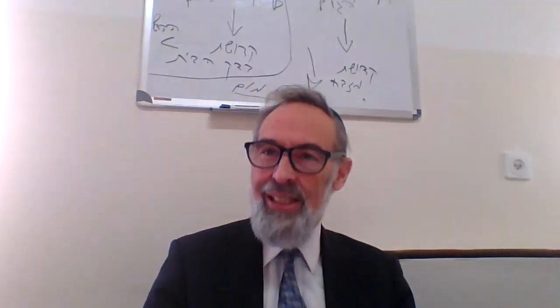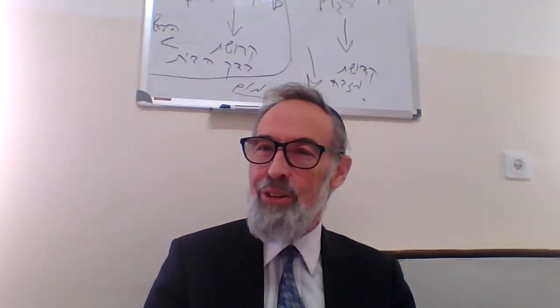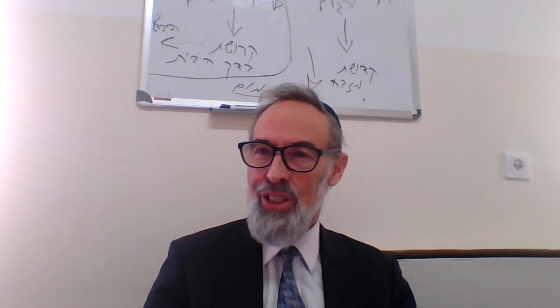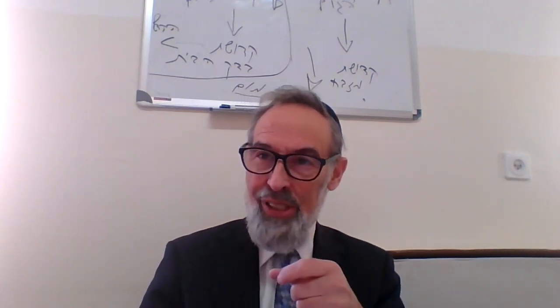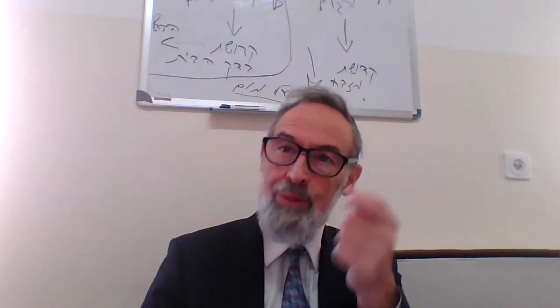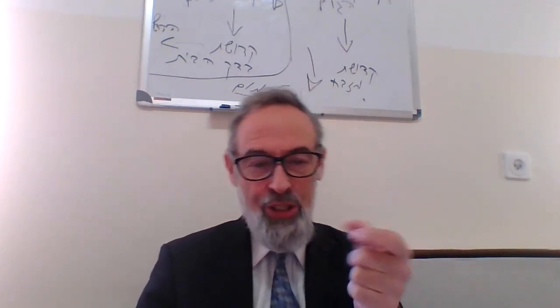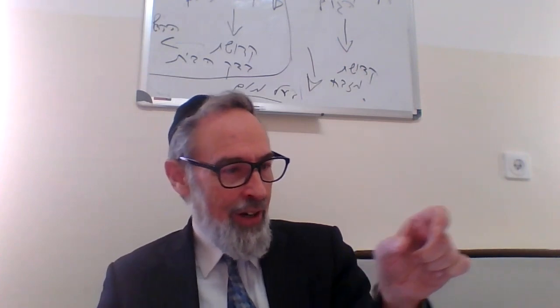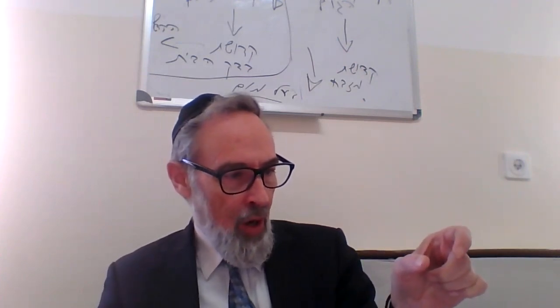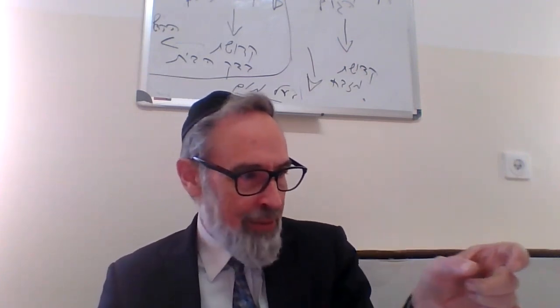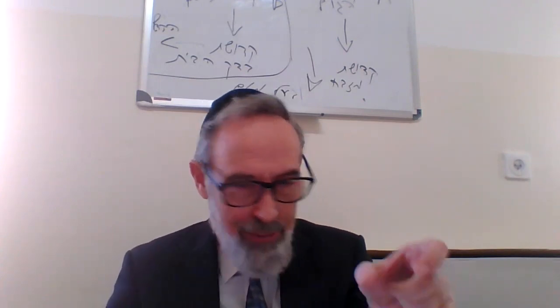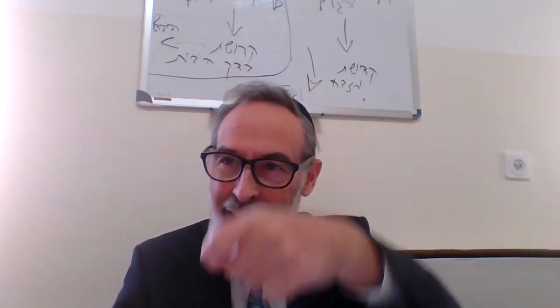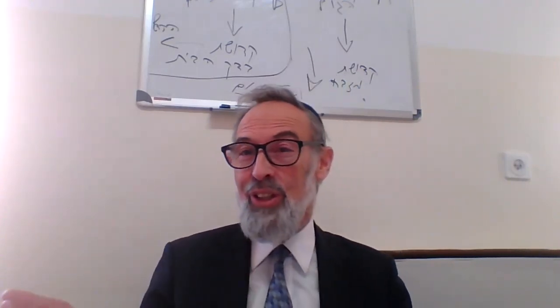But the truth is that these two machlokos are really independent. The first issue that we discussed, where he's got two behemos of hegdish, the question is, can he somehow create a tmura on one animal from two different animals, meaning maybe each animal will generate half of a tmura on the behema chulin.